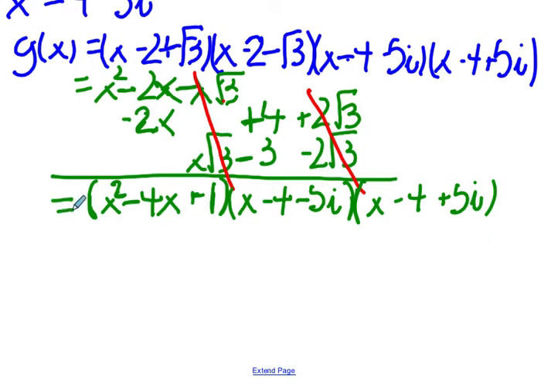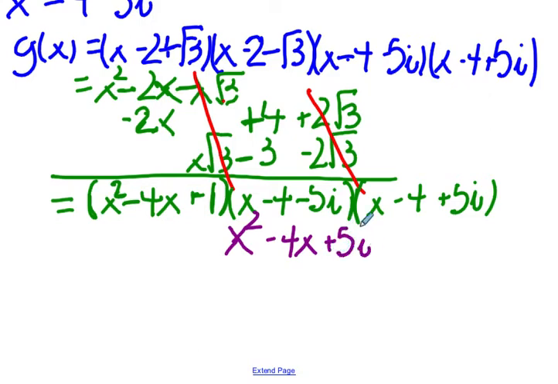So when I multiply those, the process is going to be the same. So x all the way through, negative 4 all the way through, negative 5i all the way through. So x times x gives me x squared. X times negative 4 gives me minus 4x. And then x times 5i gives me positive 5ix or xi.